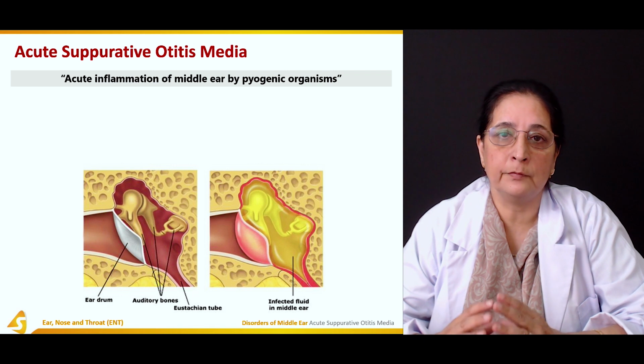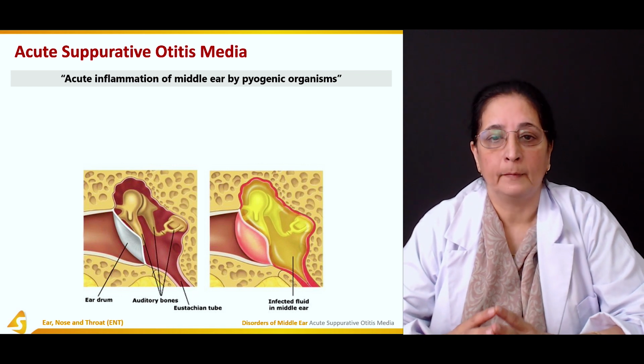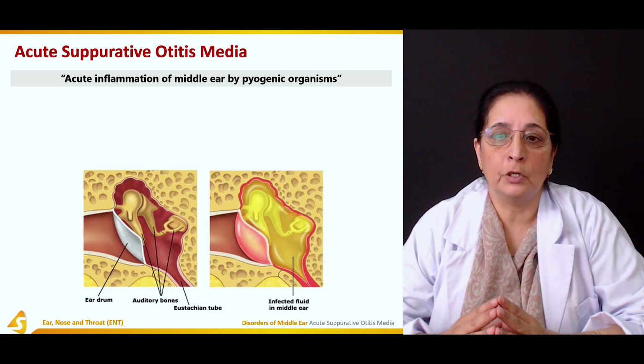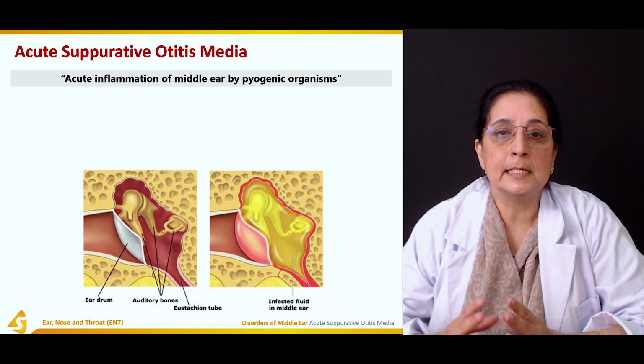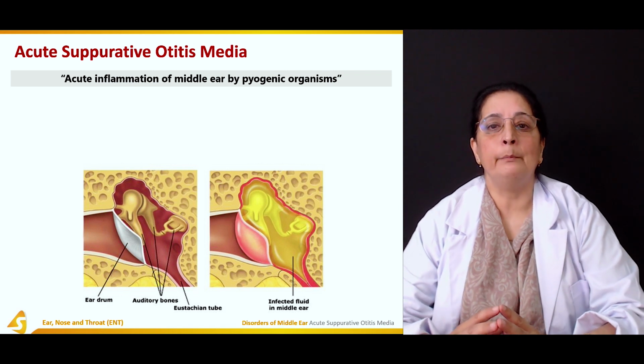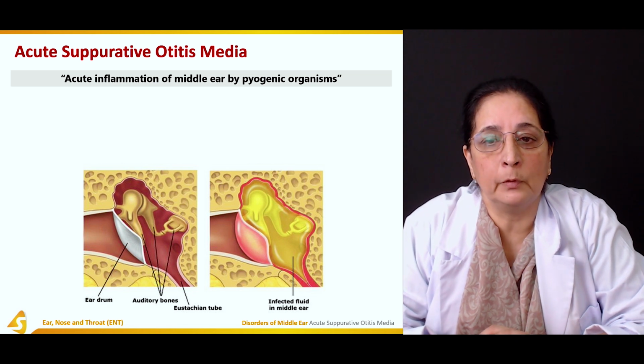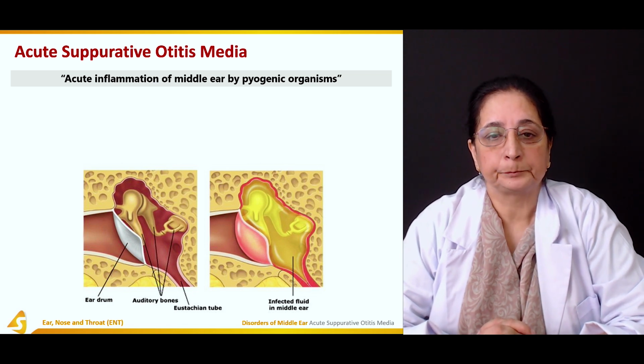Otitis is the inflammation of the ear. Oto is for ear, itis is inflammation, and media is specifically for the middle ear. So it's the acute suppurative otitis media.